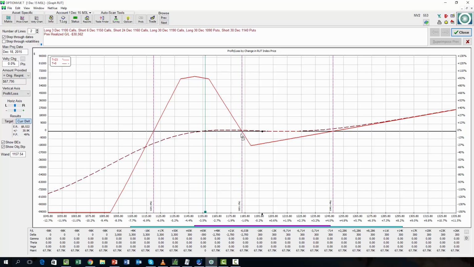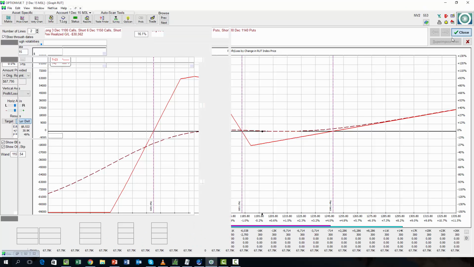So if your position is anywhere in the range from about here on the tent to up in here, the model is showing much more positive delta than the actual position has, which means it's not showing you the risk that if the market moves up you're going to lose a bunch of money. The market moves up, you lose all this profit and loss, and you don't know why.